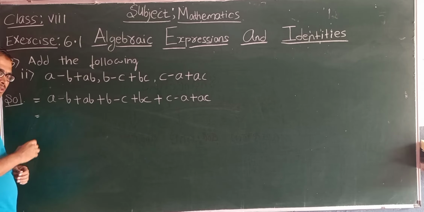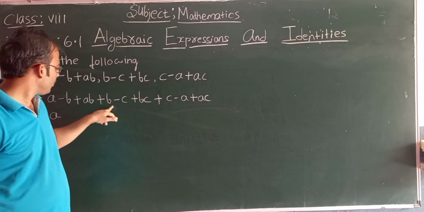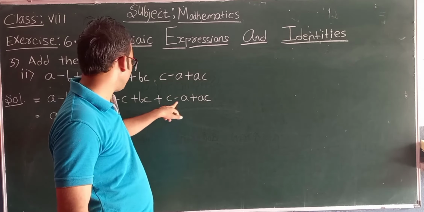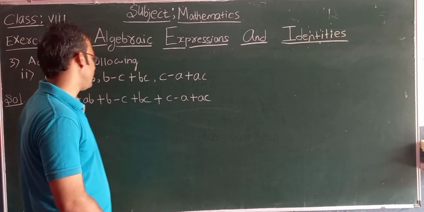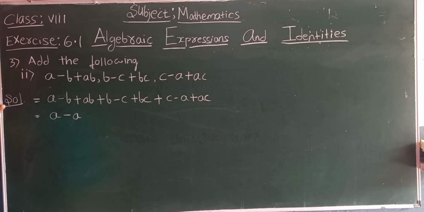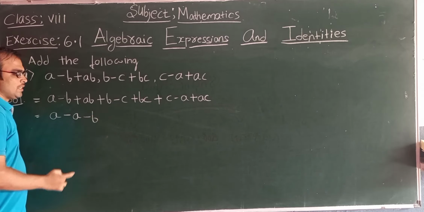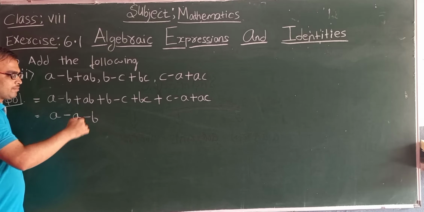Now what is the next step? Here A is there, so first write A here. Check whether there is any like term with respect to A. Is there any single A here? No. Here it is there, so write minus A. Now take this one, minus B. Check whether there are any like terms.